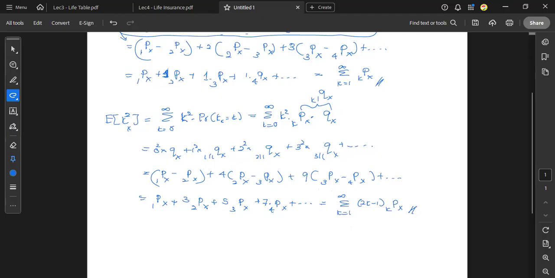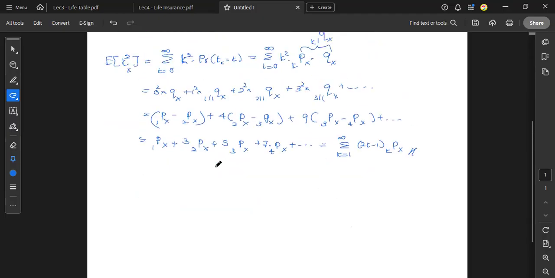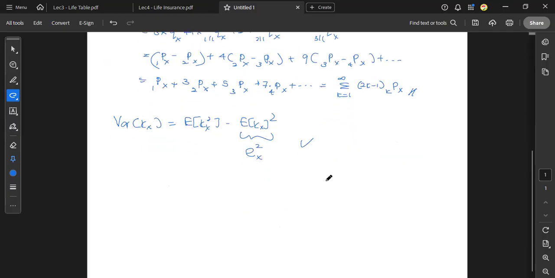And if we know the second moment and the first moment, we can find the variance of kx using this familiar definition. So now we can find that one. So that's the simple definition of this future lifetime random variable moment.